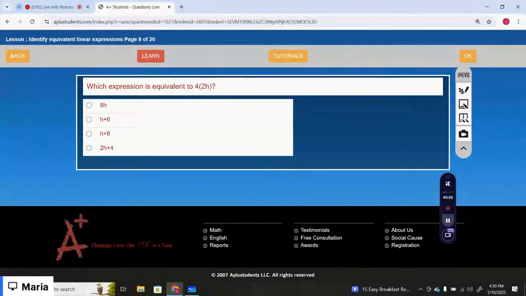Which expression is equivalent to 4 times 2h? So which is the correct option?